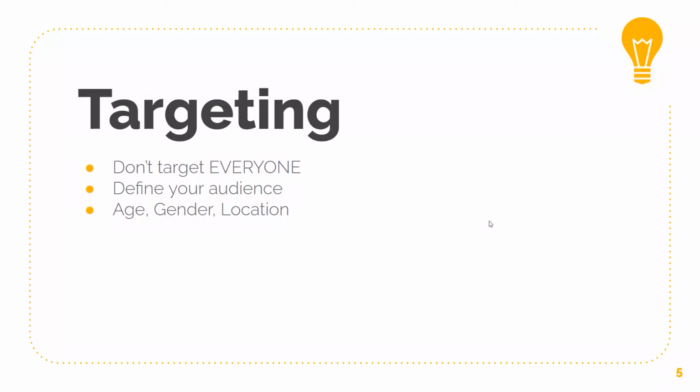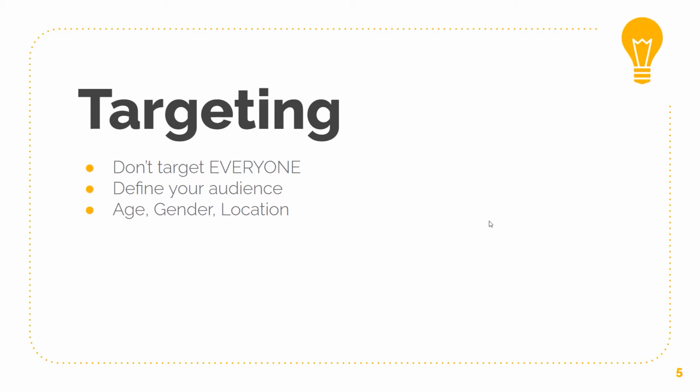The next step is your targeting. Targeting is very important when we are talking about Facebook, because everybody uses Facebook. And you can't target everyone. You need to define your audience. Define them by age, define them by gender, define them by location, define them by interest.